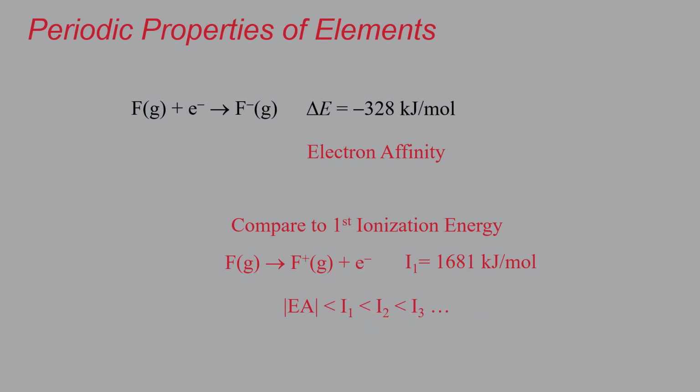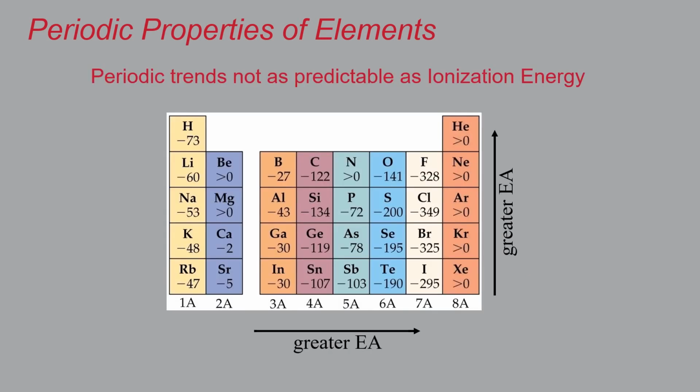So what is the trend for electron affinity? What you see here is a fairly generous use of the word trend. Broadly speaking, electron affinities get larger as you go from the bottom to the top, and from the left to the right.